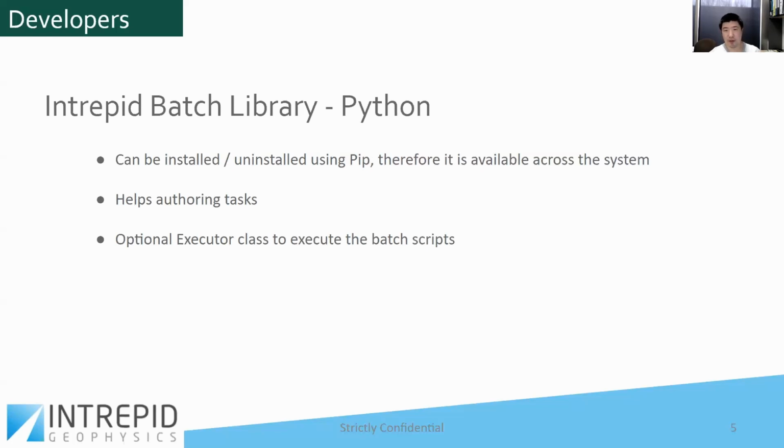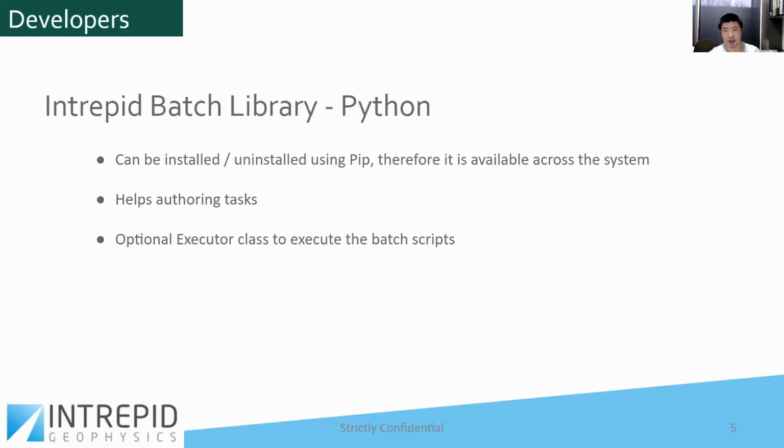As soon as you have the Intrepid batch library installed on your system, you can use Visual Studio Code to write your Python tasks, your Python scripts. The IDE, the development tool, will provide features like auto completion and syntax highlighting.